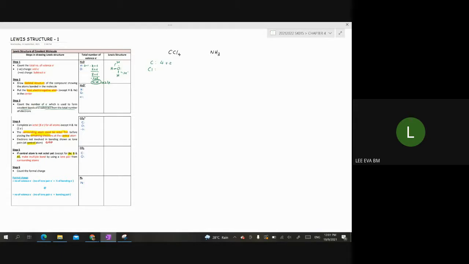Chlorine, 7 valence electron. Tapi dekat sini awak ada 4. 4 darab dengan 7 dapat berapa? 28. There is no charge, so we don't have to add or subtract electrons. So overall, 4 plus 28, you got 32 valence electron.